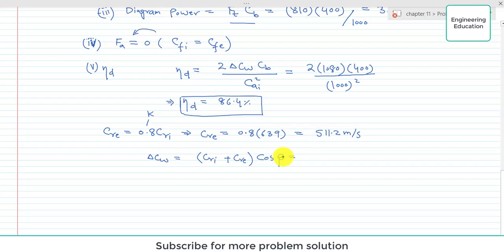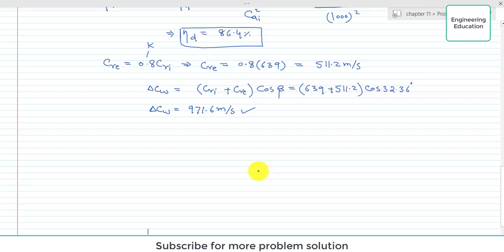So putting the values, CRI is 639 and CRE is 511.2 meter per second, and the value of beta is 32.36 degree. So delta CW will be equal to 971.6 meter per second. So this is the value of delta CW.